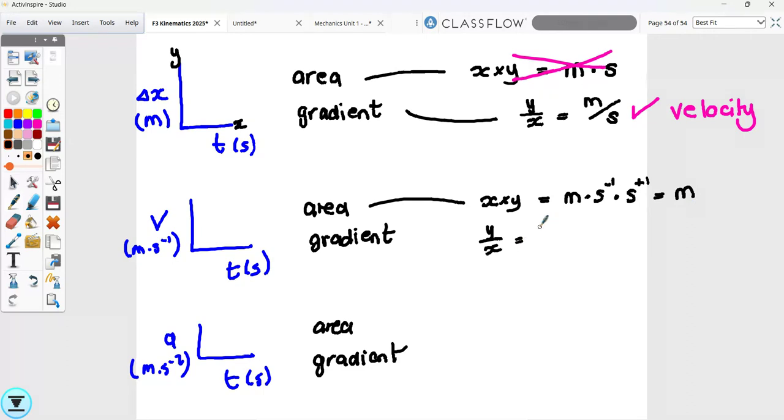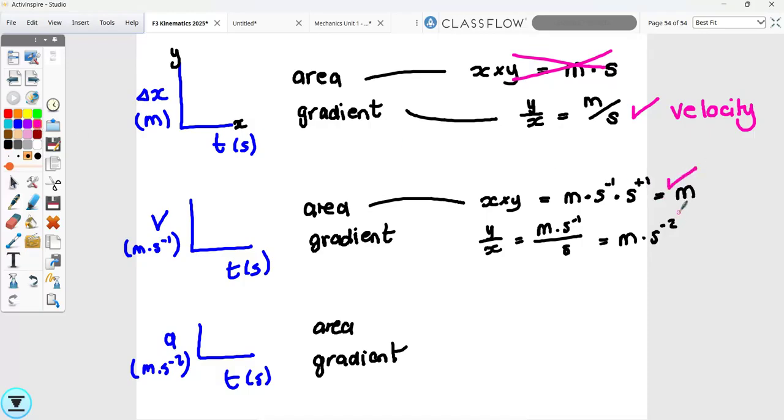For this one, it's meters per second again, divided by seconds. That's a minus 1 at the bottom of the line, but it goes up and it becomes meters per second squared.